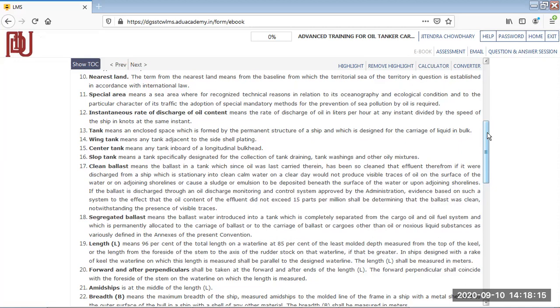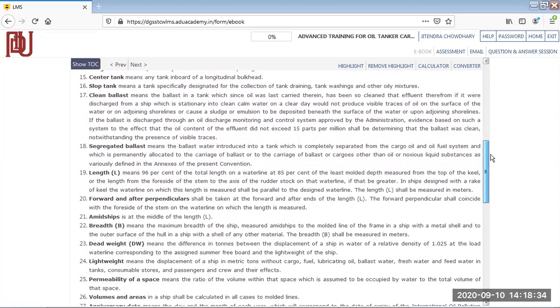The forward perpendicular is where the forward stem cuts the summer load line, and the aft perpendicular is where the aft part of the rudder post crosses the summer load line.